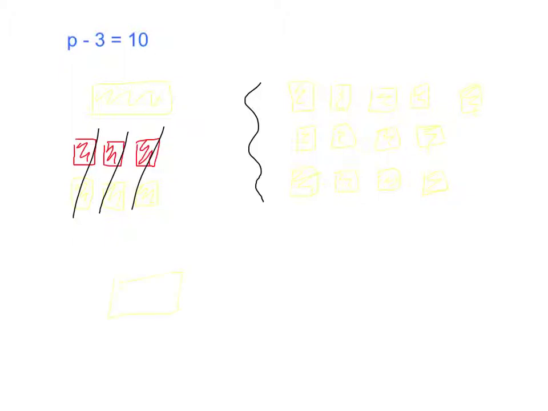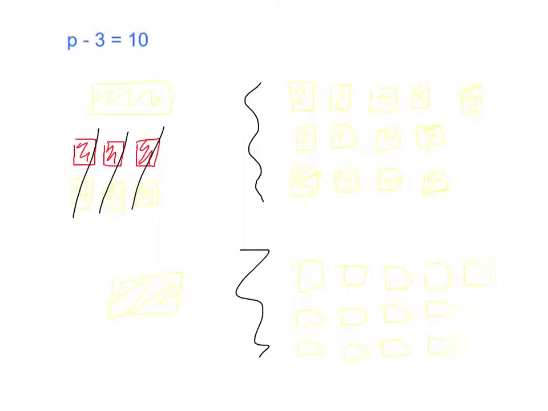So now on this side we have P equals, and then if we count these up, 1, 2, 3, 4, 5, 6, 7, 8, 9, 10, 11, 12, 13. So I'll draw 13 tiles out. 3, 4, 5, 6, 7, 8, 9, 10, 11, 12, 13. So our variable P equals 13.